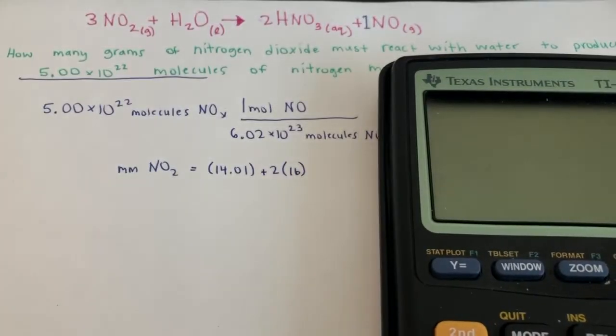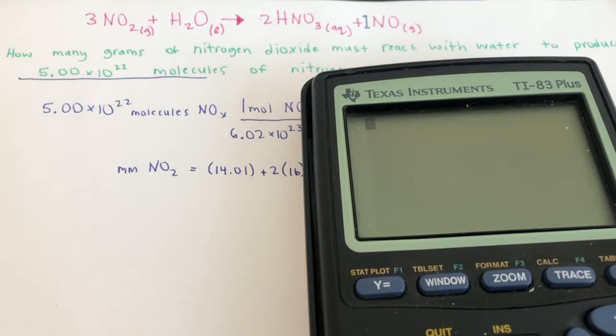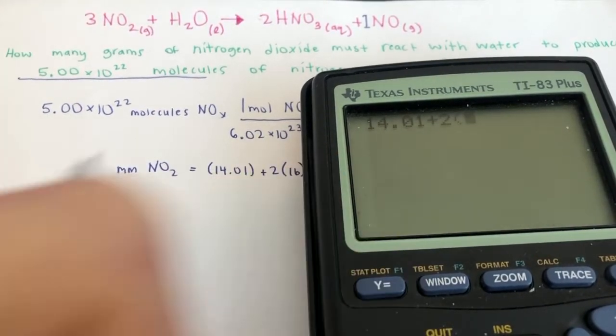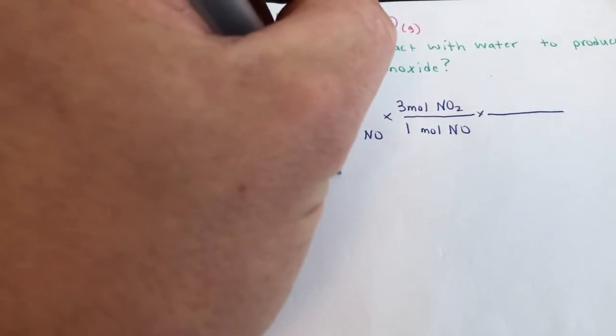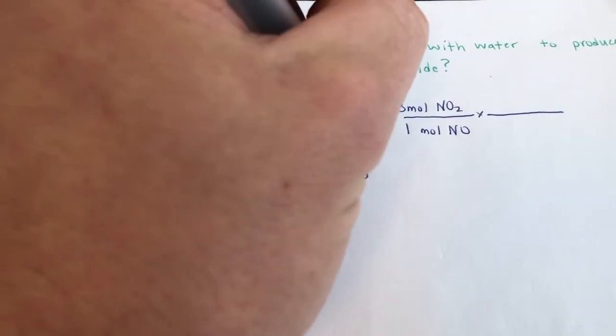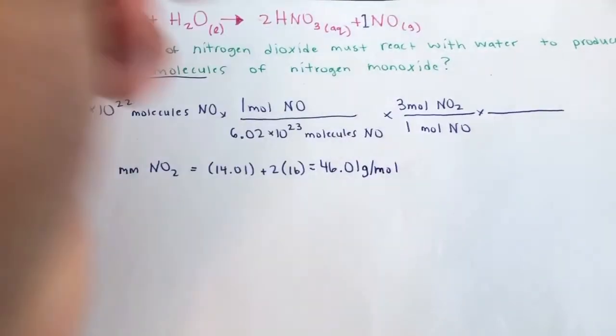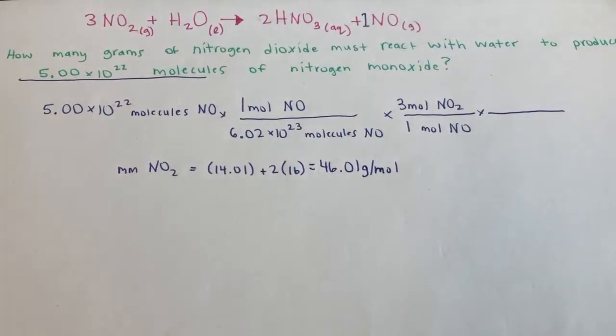All right, so do our little calculator here. So we've got 14.01 plus 2 times 16. Got 46.01. So that's our molar mass, 46.01 grams per mole. That's straight from the periodic table.